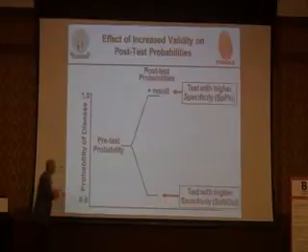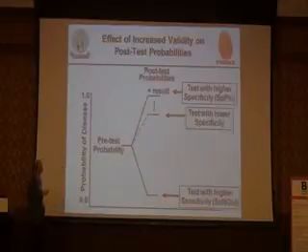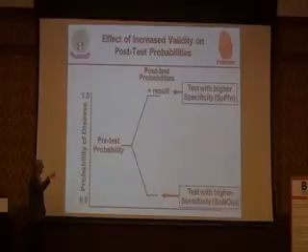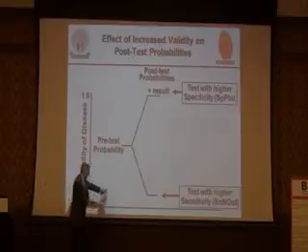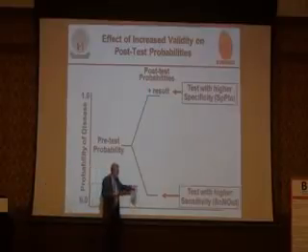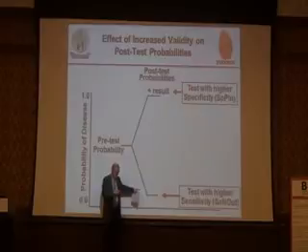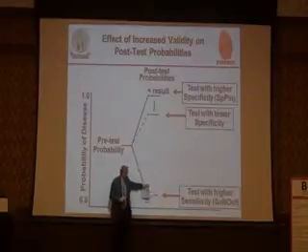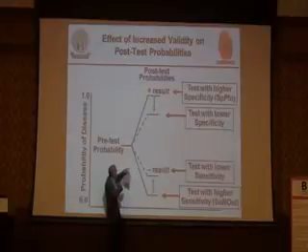Now, let's say we have a test where you start with a pretest probability, and this ends up high, very close to 1. And if it's negative, it ends up very close to 0. This is a test with higher sensitivity, right? And that's a test with higher specificity.